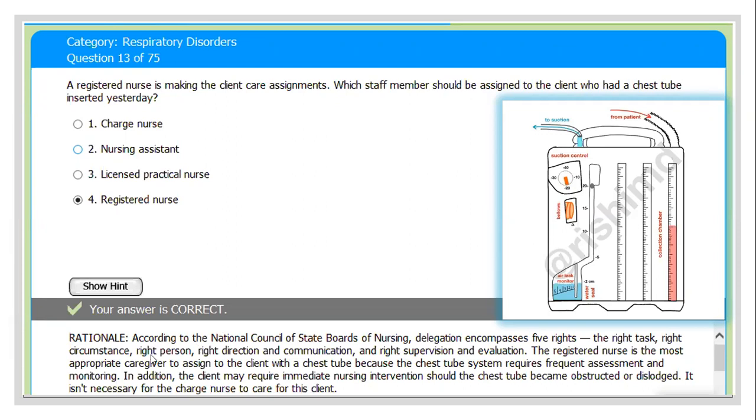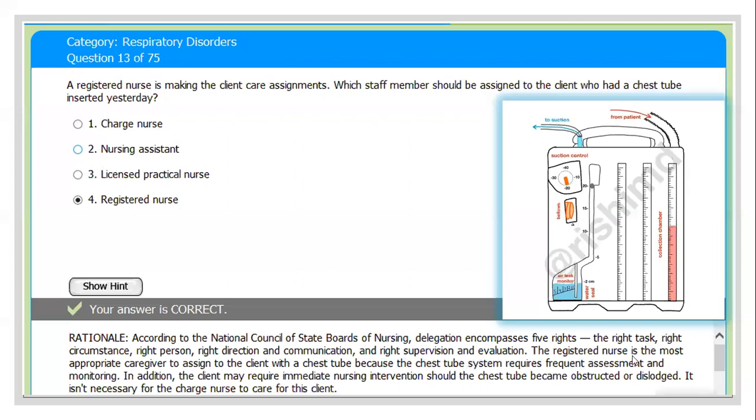The rationale says, according to the National Council of State Boards of Nursing, delegating involves the right task, the right circumstance, the right person, the right directions and communication, and also the right supervision and evaluation.